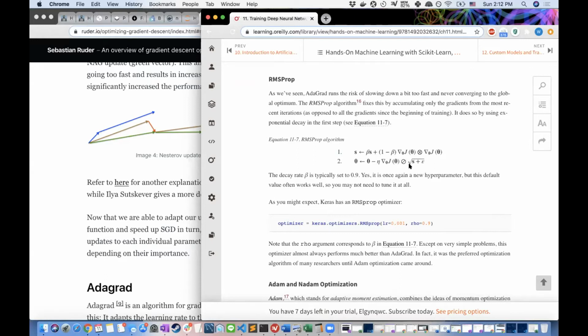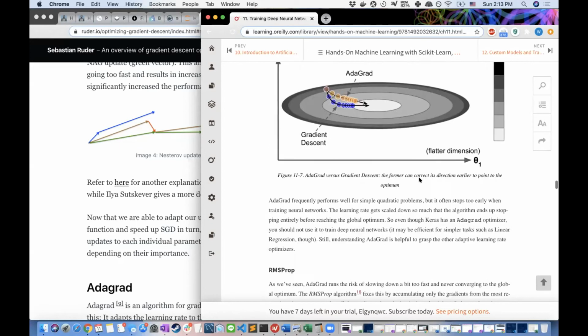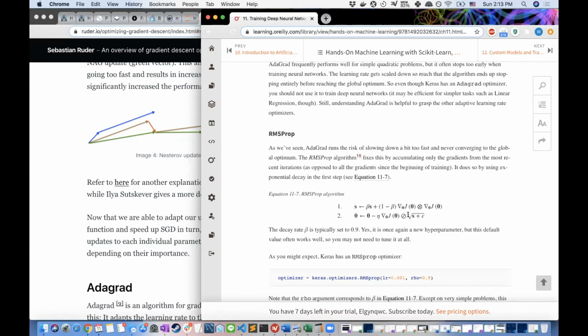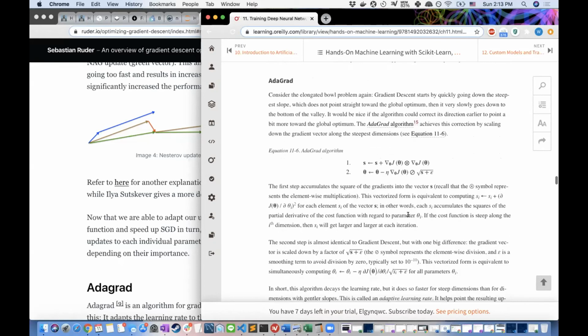And you use that to scale your current gradient with the square root of s. If you compare the second step, it's actually the same, but the first step is somewhat different.